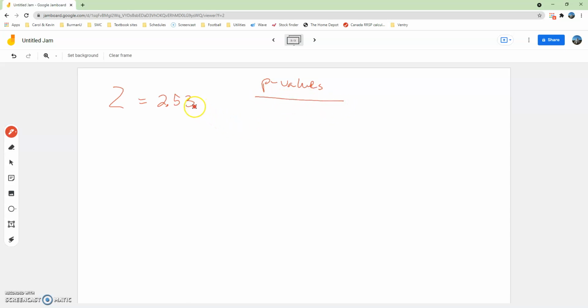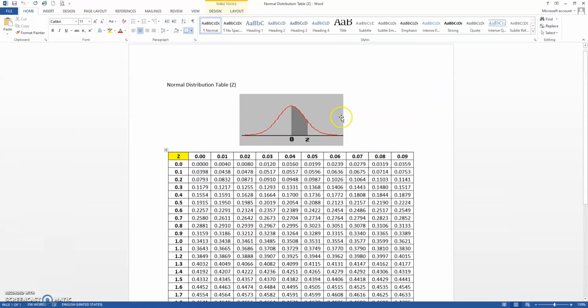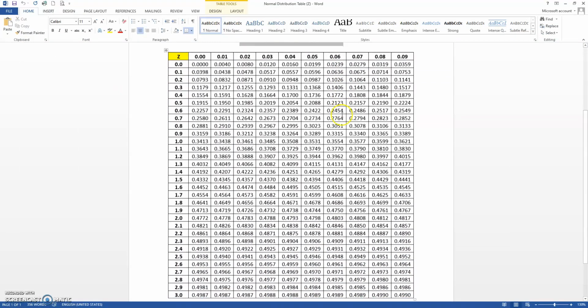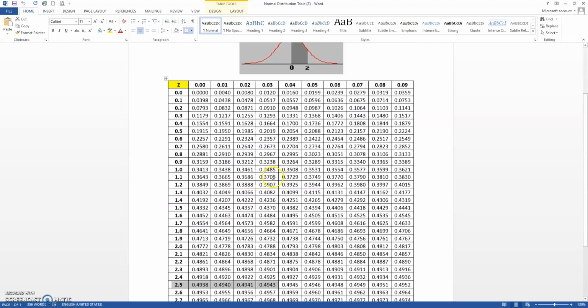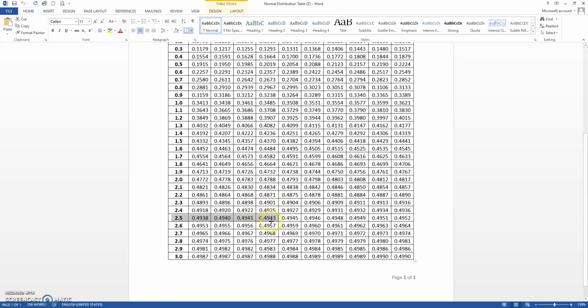We calculate the test statistic, which we've already done, 2.53. We're going to go to our normal distribution table right here and find 2.53. So the area that corresponds to a Z value of 2.53 is 0.4943.